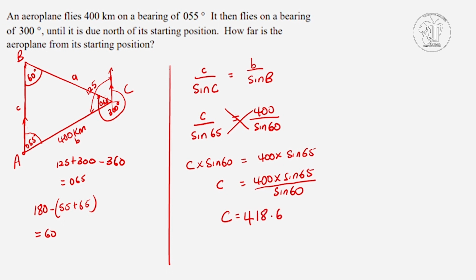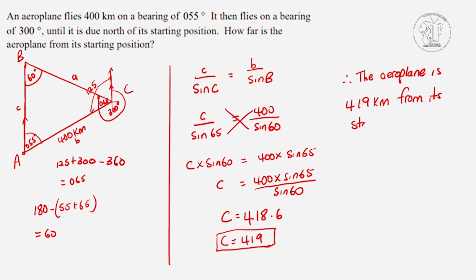We can round this off to the nearest whole number, so c is equal to 419. Therefore, the aeroplane is 419 km from its starting point.